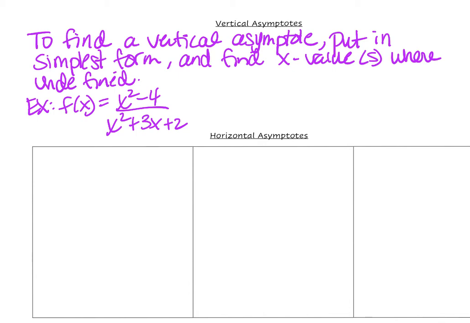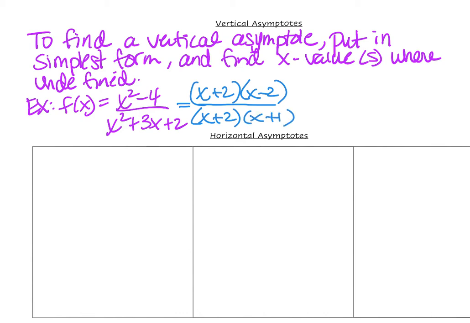But we have to really put it in simplest form to see if there's any factors that cancel out. So if I were to factor the top of this, it would factor into x plus 2, x minus 2. And then the denominator will factor into x plus 2, x plus 1. Okay, so we see that these two factors right here would cancel out.